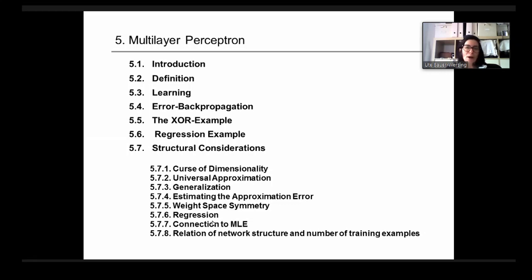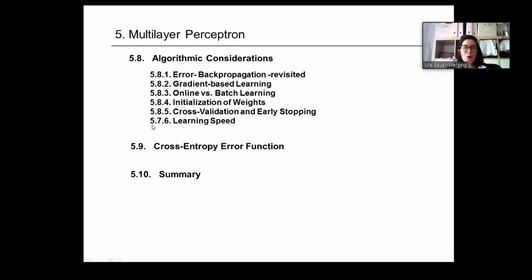So many of these considerations apply to almost all of the machine learning methods. And the next part will be algorithmic considerations. Here, this is more specific towards the error backpropagation algorithm and what's known as gradient-based learning.